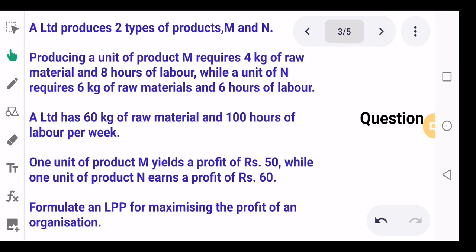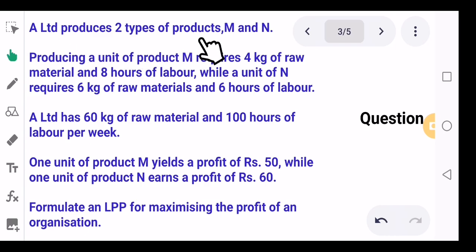So the first question of the day. In each video we'll be solving one question because it's a very big question, because every question in this subject will be quite big. So each video will solve just one question. Today's question is this. A Limited is a company and it produces two types of products.